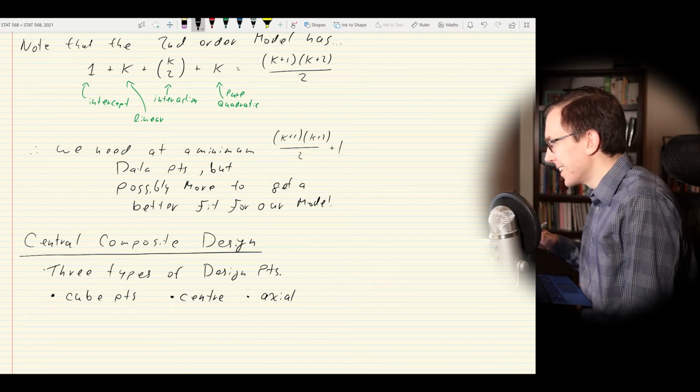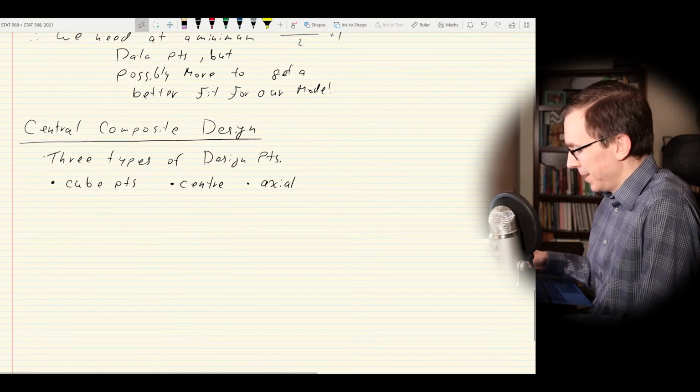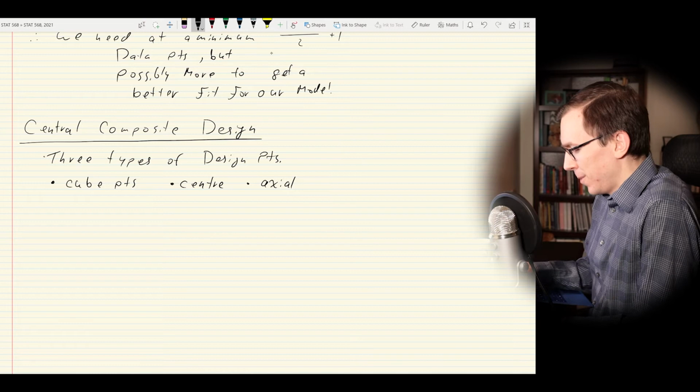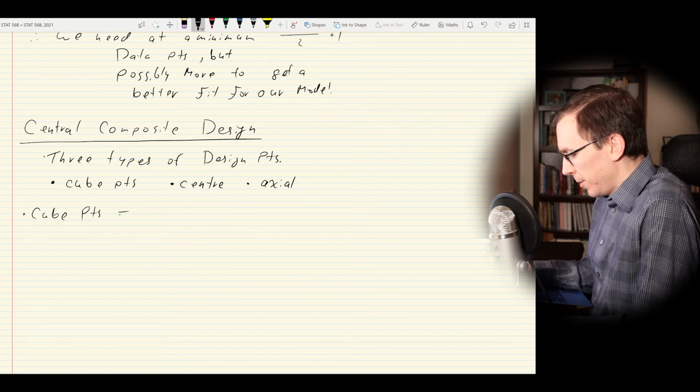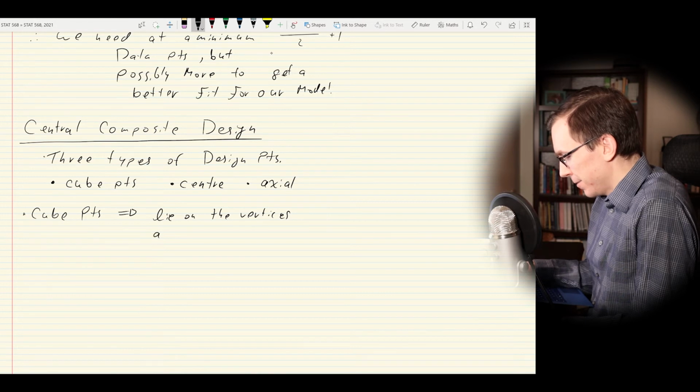I don't like the way I've outlined it here. So what we'll do is we will just kind of explain, well, one at a time. So first of all, we have this idea of cube points. So what are those? Well, those are going to be points that lie on the vertices of a hypercube. All right, that probably doesn't help explain it.